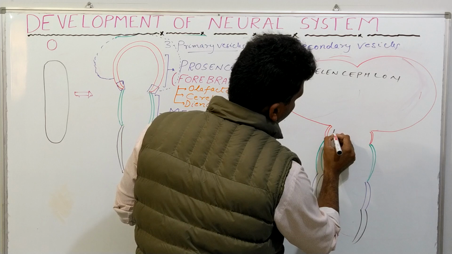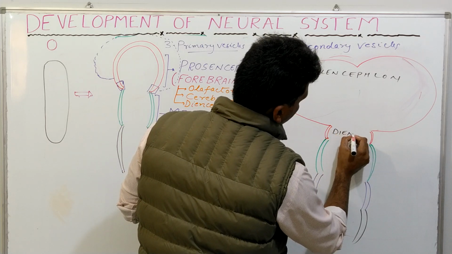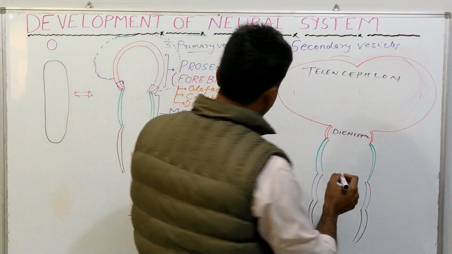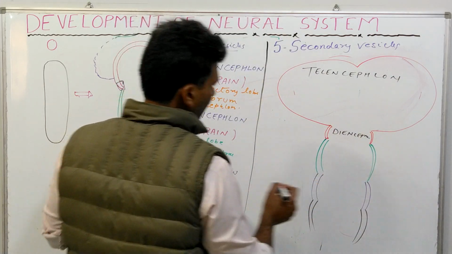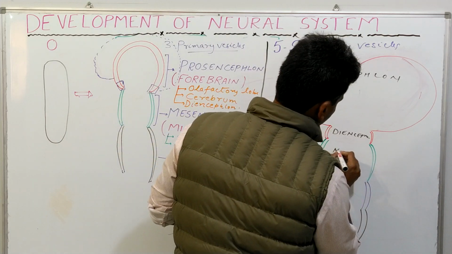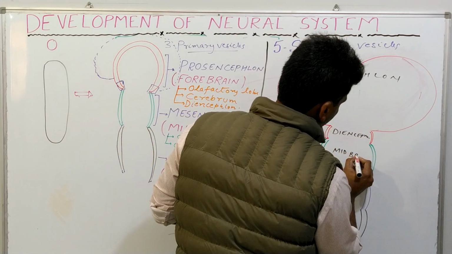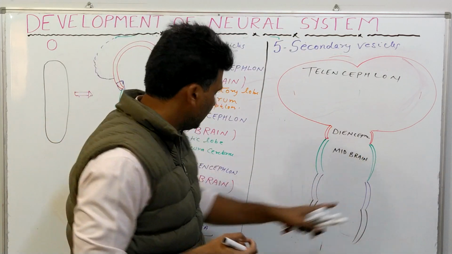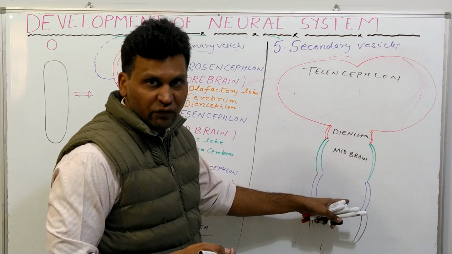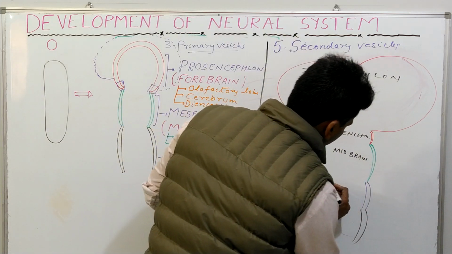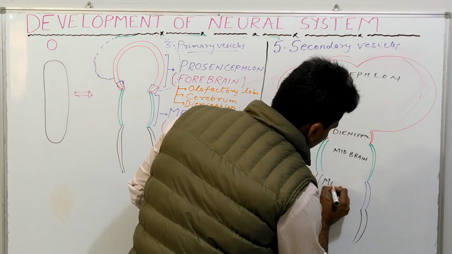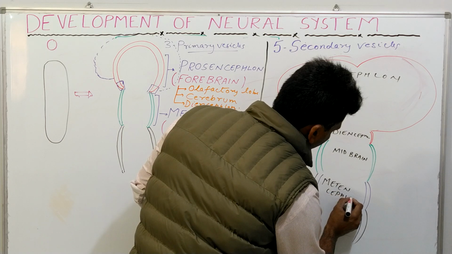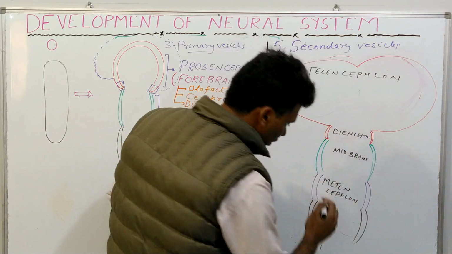And this is called diencephalon. Then your midbrain. Now this is your midbrain. Clear? And now after that, this is called metencephalon, and this is called myelencephalon.